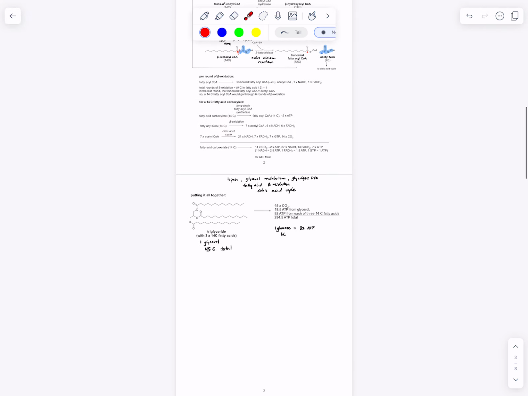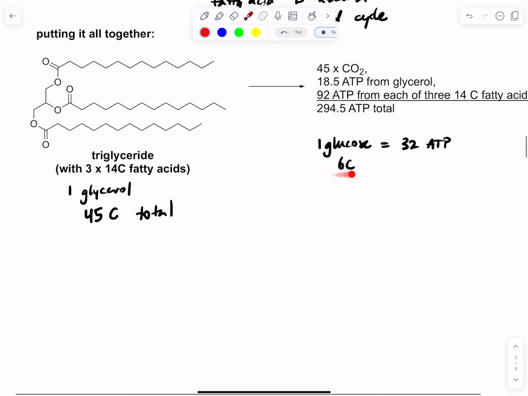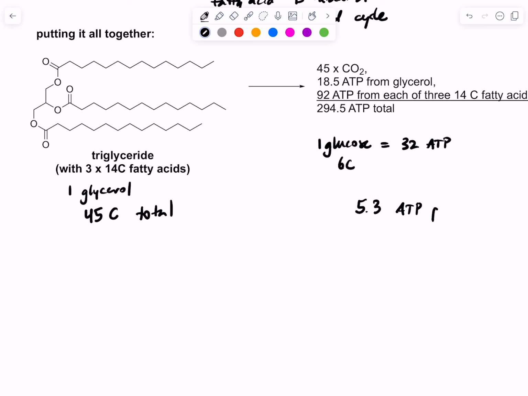Okay. So should we do just a little bit of math? A simple way would be to divide the number of ATPs by the number of carbons. Let's pull out our calculator, because I didn't do this ahead of time. I did some other math ahead of time. But let's see, 32 carbons divided by 6 is 5.3 ATPs per carbon.